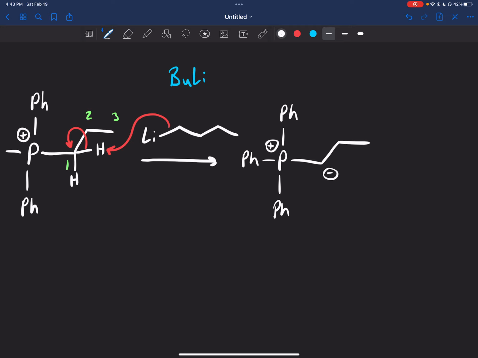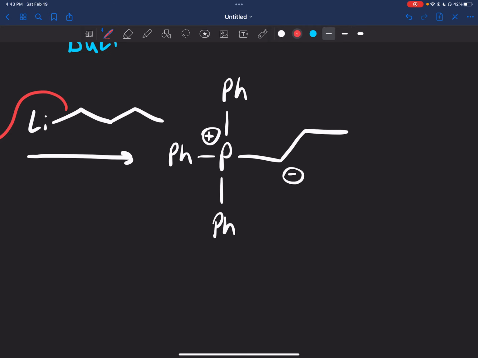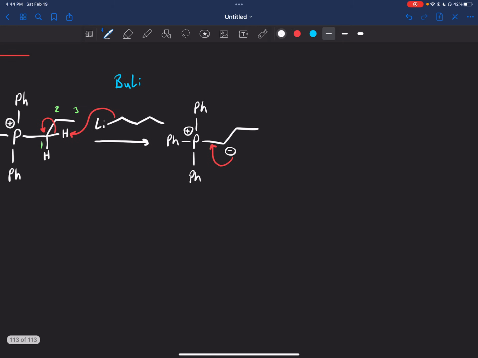And what happens is they usually resonate with each other. This comes over here and adds into a double bond so that in the end, our ylide looks like this, neutral compound.